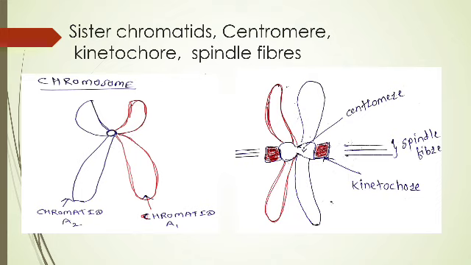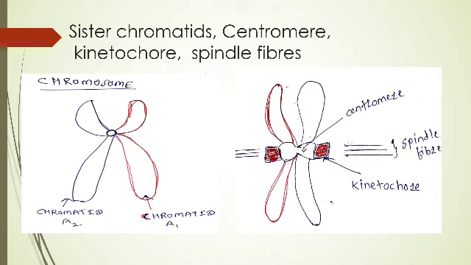Both these chromatids of a single chromosome are called sister chromatids. So what are sister chromatids? The chromatids of the same chromosome. You can see both these sister chromatids, A1 and A2, are connected to each other at a point.